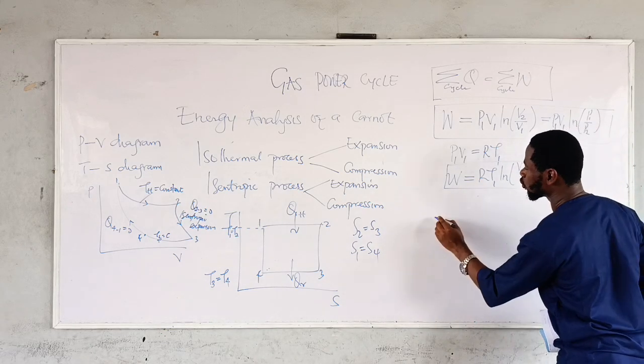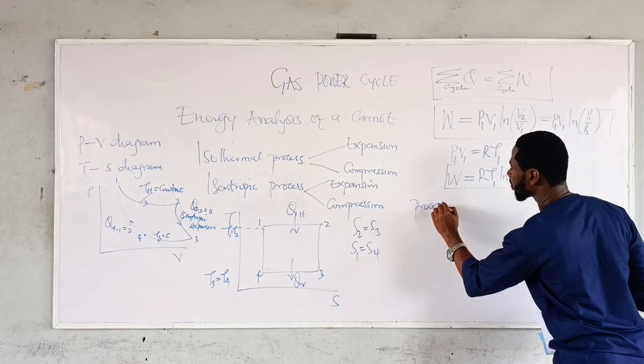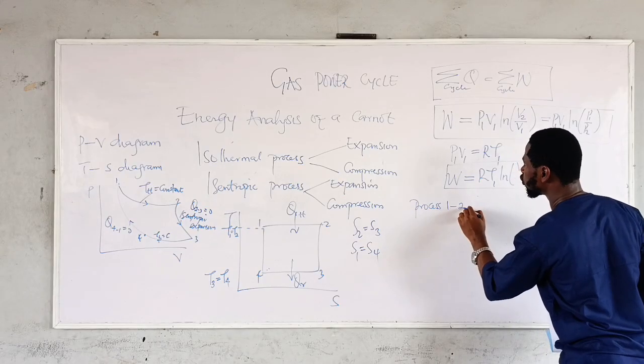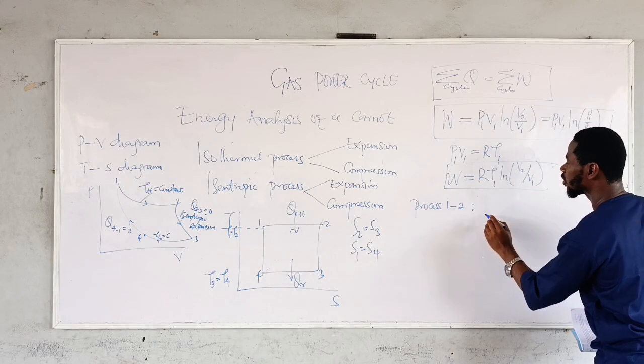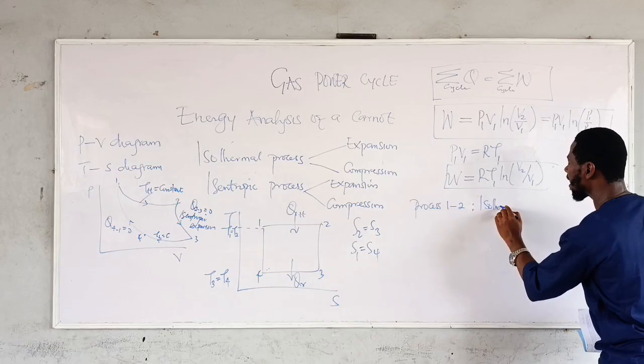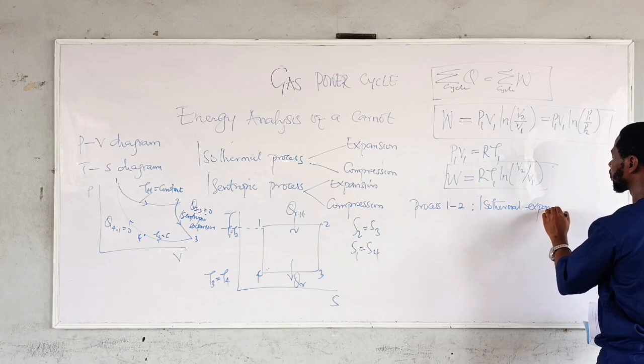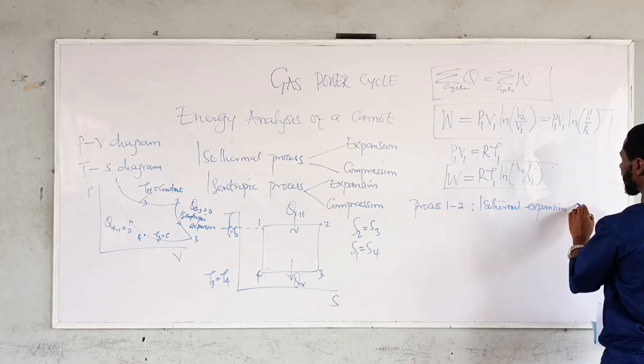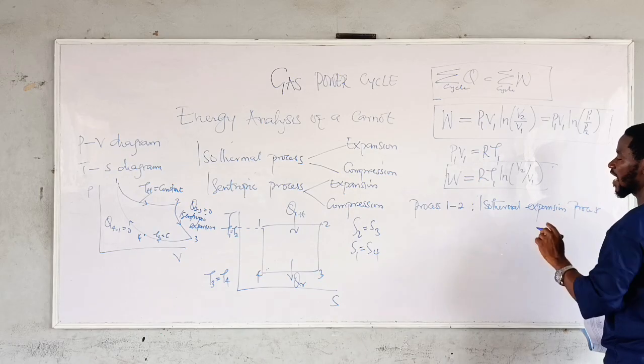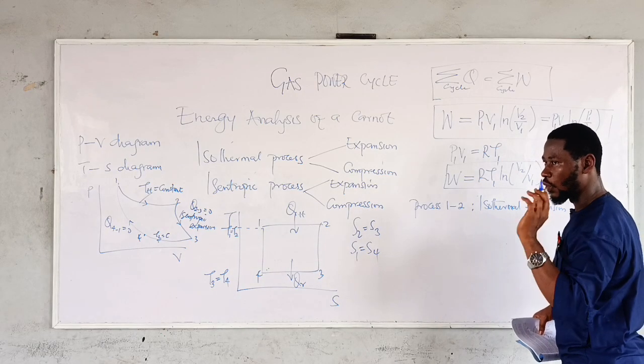For process or stage 1 to 2, we call it what? Isothermal expansion process. At this level, what happens to the work done?